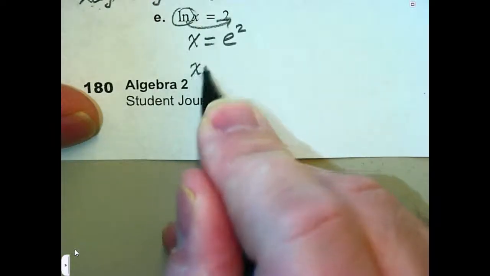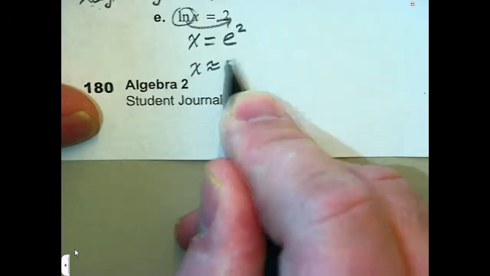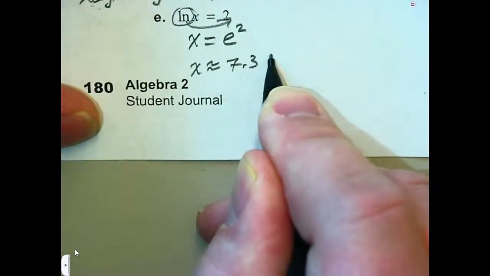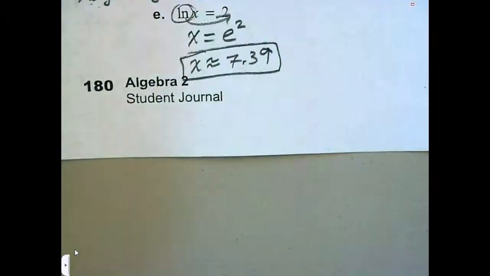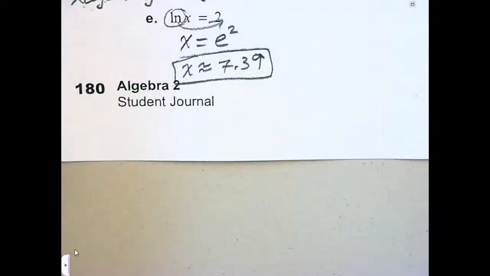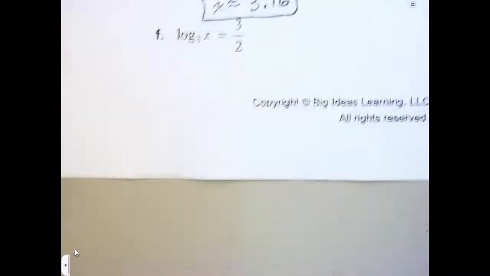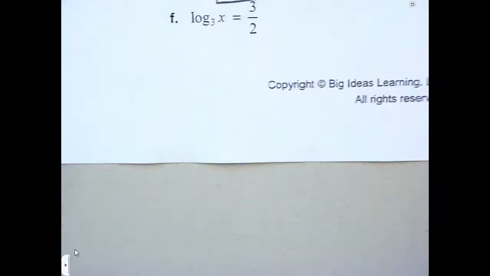So x equals approximately 7.389. Cool. Those last two are so easy compared to letter C. Let's try letter F.